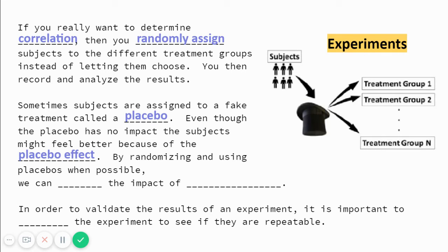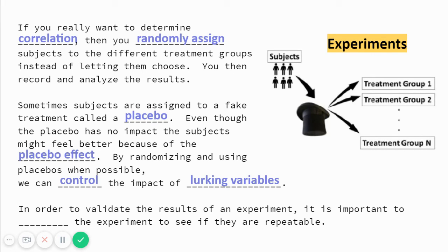The mechanism is still not understood, but it exists. It's at least 20%. In some situations, it's as high as 60%. By randomizing and using placebos when possible, we can control the impact of lurking variables. We can't eliminate the effect of lurking variables, but we can control it.